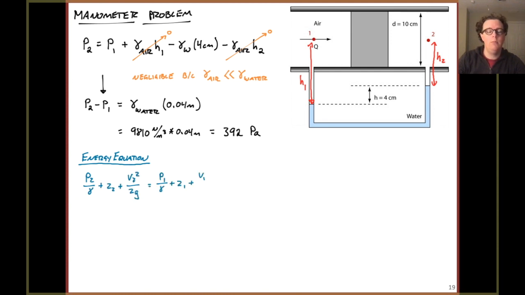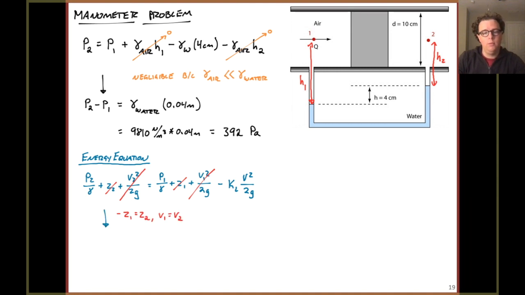I'm writing out my energy equation from point 1 to point 2. On the left-hand side at point 2, we've got energy in pressure, elevation, and velocity forms. On the right-hand side, we have point 1, pressure, elevation, and velocity forms, minus KL times V squared over 2g, to account for the minor losses.